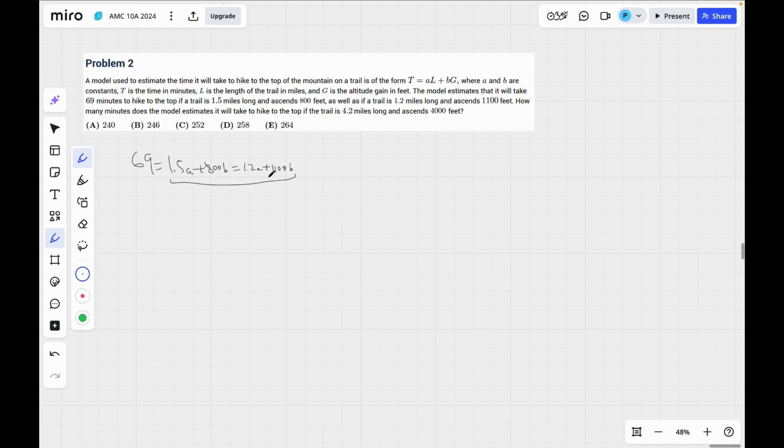We'll move all variables to one side. And now let's plug this back into this equation. We could have picked any equation, but we just picked the first one because both are equally fine.